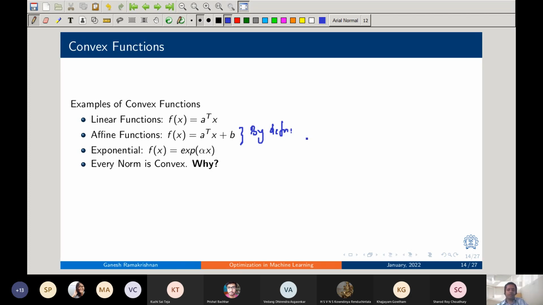By definition, you can just take 2 points x1, x2, and show that the affine transformation of the convex combination of those 2 points is less than or equal to the convex combination of the affine transformations of those individual points. Okay, so it's very simple.